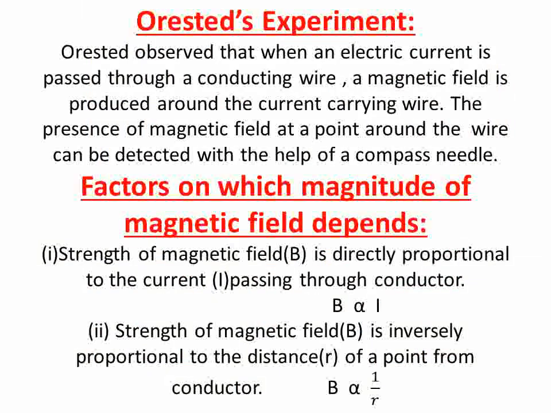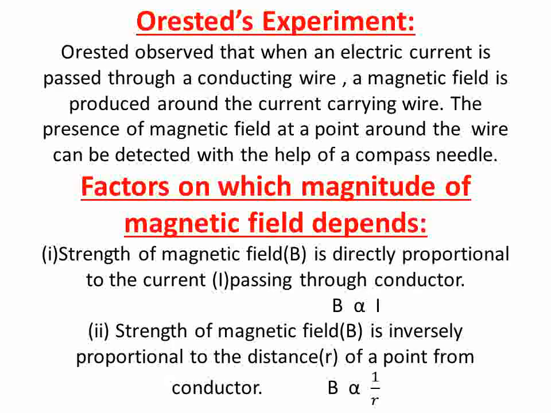Oersted observed that when an electric current is passed through a conducting wire, a magnetic field is produced around the current carrying wire. The presence of a magnetic field at a point around the wire can be detected with the help of a compass needle.